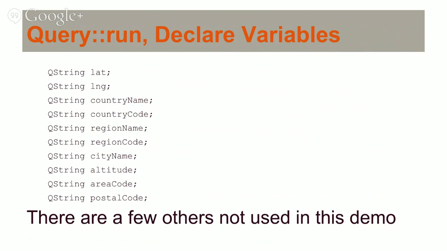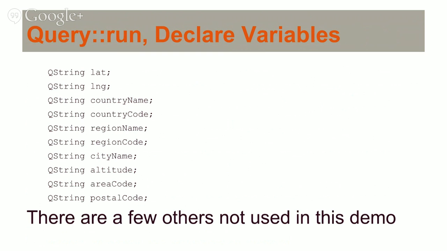So the first thing we want to do is declare variables. We're in the run method of query, and we want to declare some variables that will have scope throughout the entire run method. We don't want to declare these in the TryCatch area because those would just have local scope there. So we declare them outside of the TryCatch.